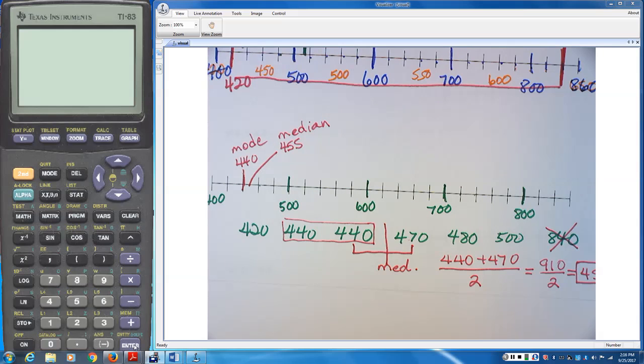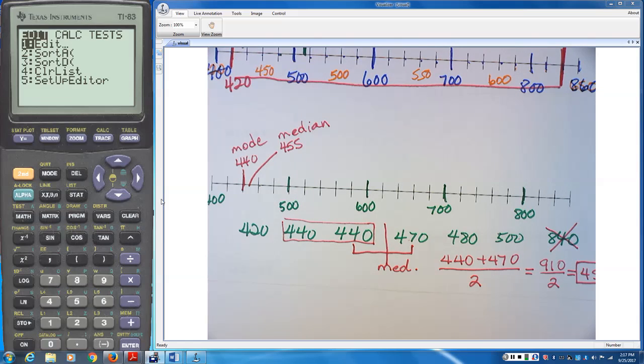Now I need to recalculate the mean. And unfortunately, the calculator makes that easy. I just go back to stat, go back to the data, go find that overpriced air conditioner and delete it.